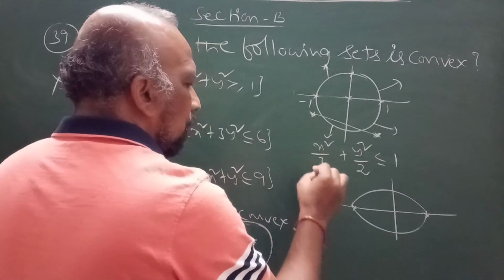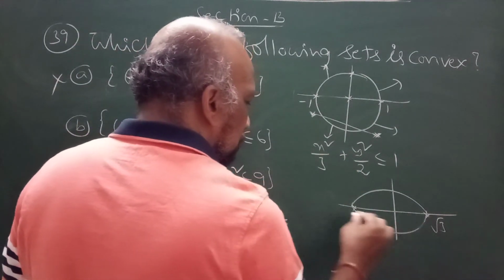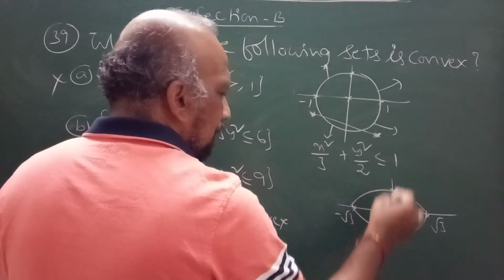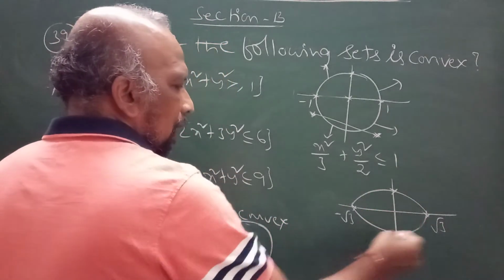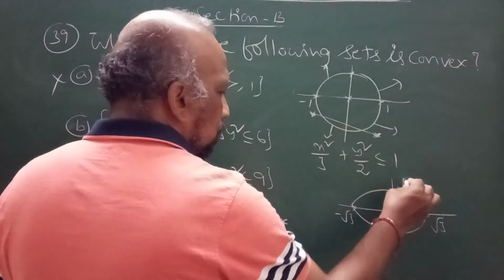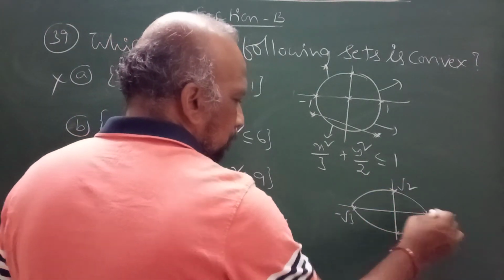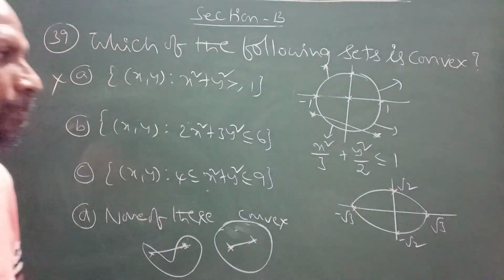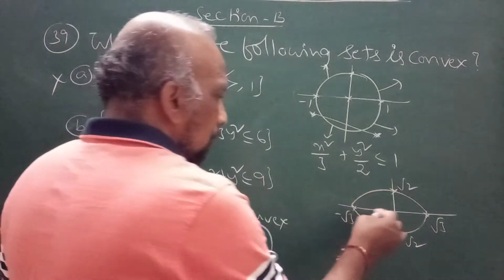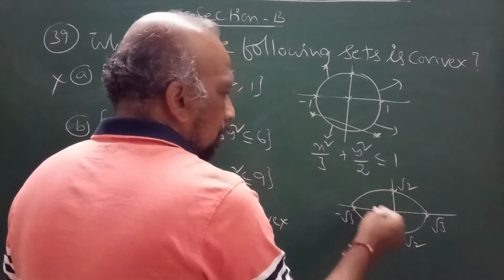The major length is root 3 and minus root 3, and this length is root 2 and minus root 2. You can see they're saying less than or equal to 1, so everything inside this one.